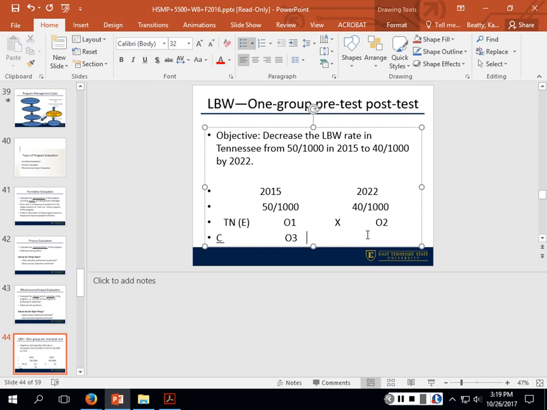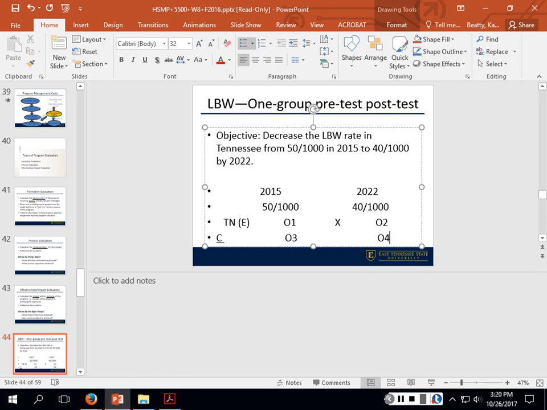Okay. And also collect the low birth weight rate in the comparison state in 2020. So now we have 4 observations. We have a baseline and a follow-up observation from our experimental or intervention state, and we have a baseline and follow-up observation from our comparison state.